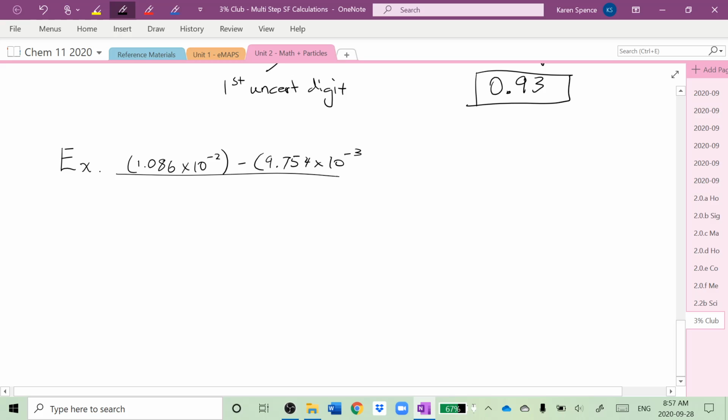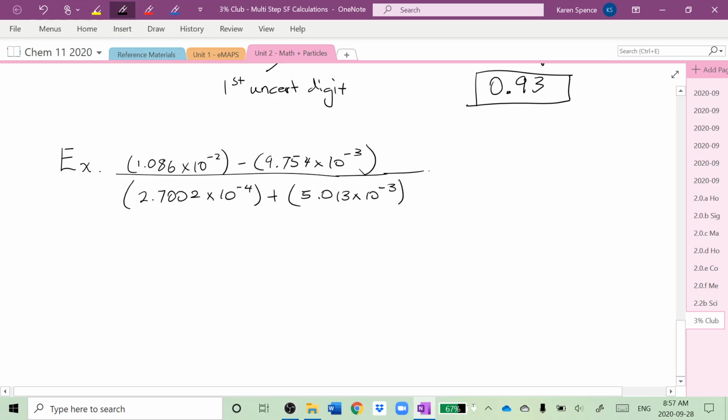That's all on our numerator. And then in our denominator, we're going to have 2.7002 times 10 to the negative 4 plus 5.013 times 10 to the minus 3.